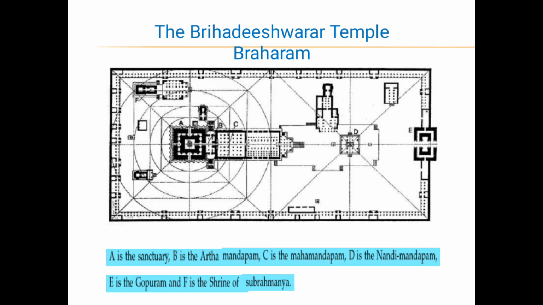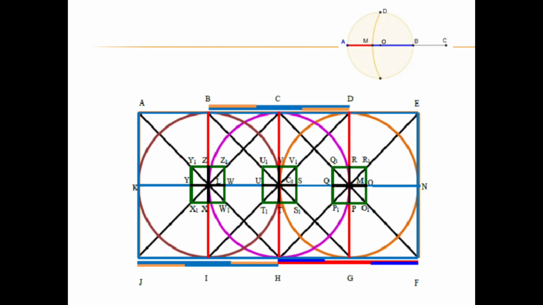So now, using that division, we can find out whether the golden ratio exists or not in that temple Pragaram. We use the first construction here. First of all, we divided the given Pragaram into three squares: ACHJ, BDGI and CEFH. Using that construction, we find the golden section for each square.